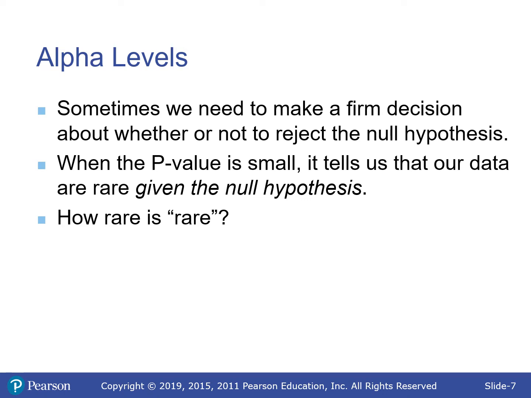Now that we have the ability to find fairly accurate p-values, we report that, and we generally let people make their own decisions on things, giving them, like, there's strong evidence to reject, there's some evidence to reject, there's little evidence to reject, but the p-value itself gives more information than just a reject or not reject. So, but how rare is rare?